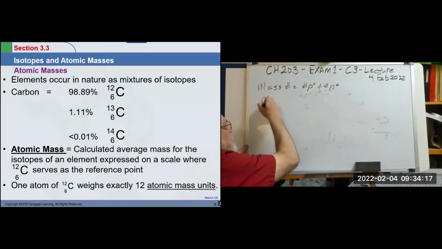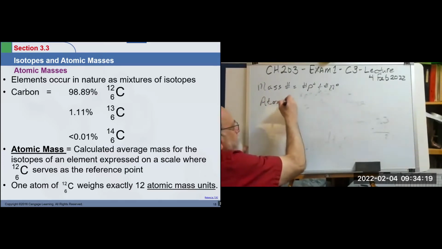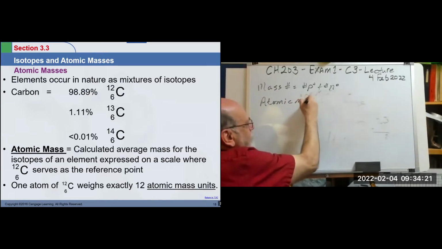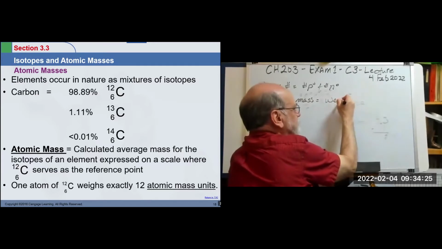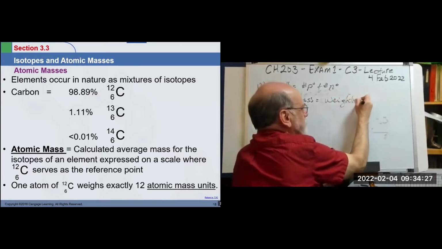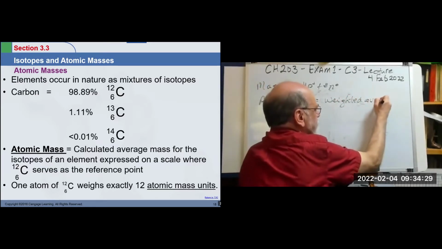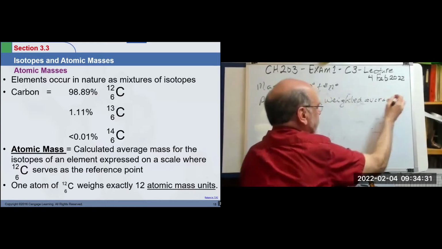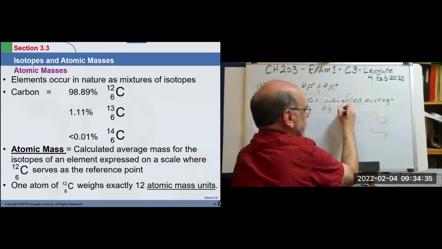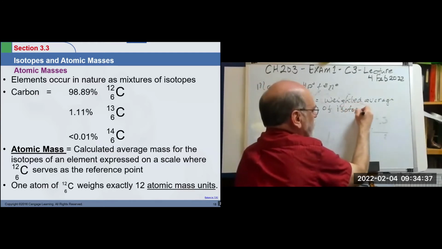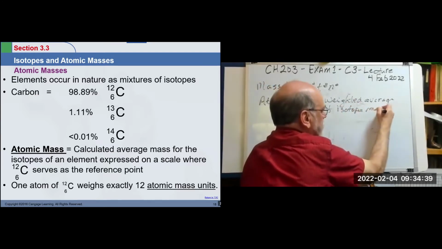Atomic mass is a weighted average of isotope masses.